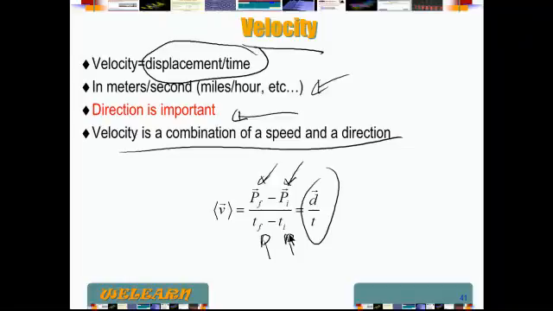So the velocity at that particular instant is going to have a speed and a direction for that particular instant. What makes it instantaneous is when we make this time here very tiny. The smaller the time, or the time difference, the more instantaneous it gets.